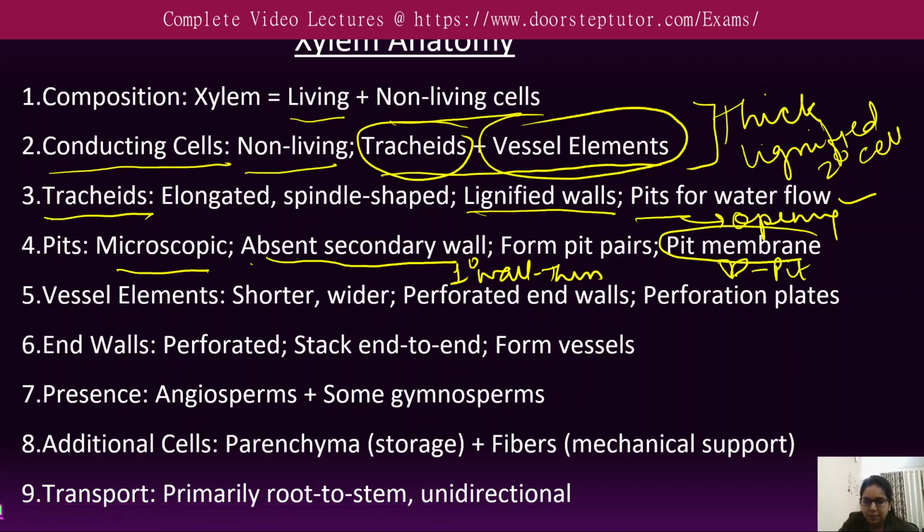The porous layer between the pit pair, consisting of the primary walls and the middle lamella, is called the pit membrane.